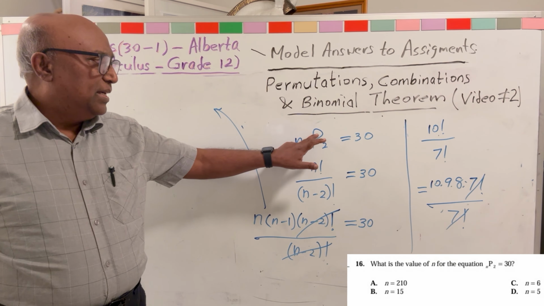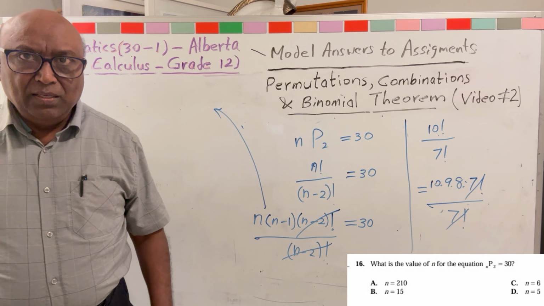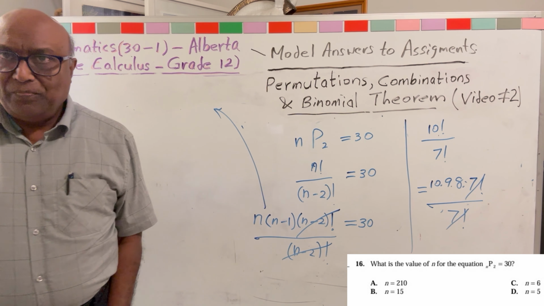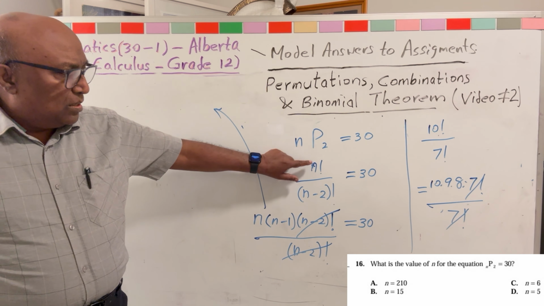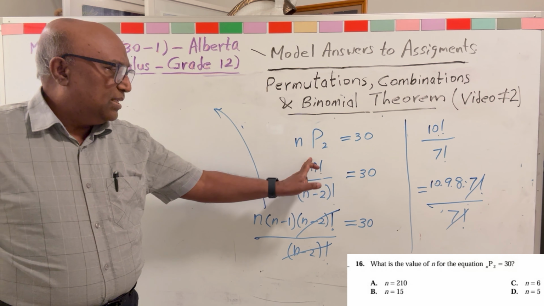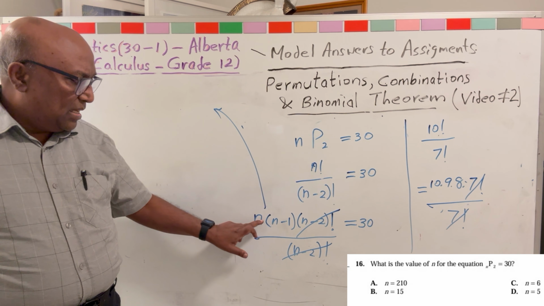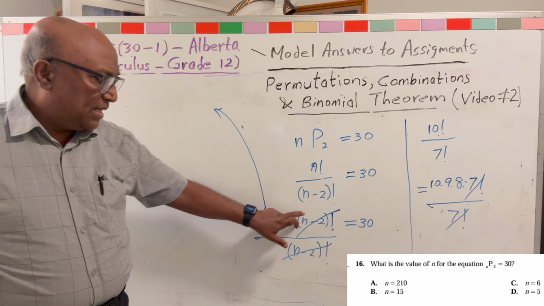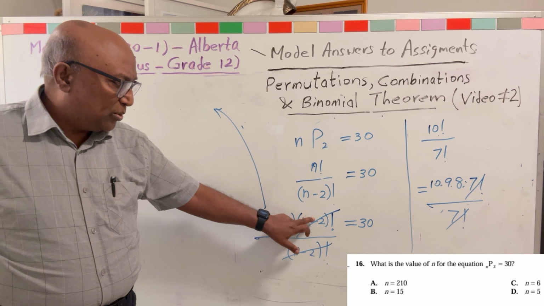Now let's continue this equation. We started from here, nP2 equals 30. Instead of nP2, I wrote this relevant formula. Now I apply the formula to expand factorial n. Instead of factorial n, I use this definition: n, subtracting 1 at a time, n minus 1, n minus 2.